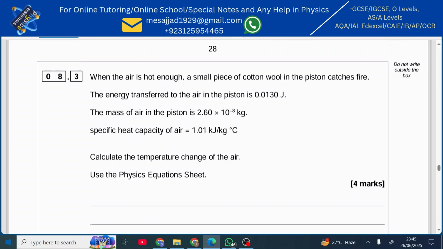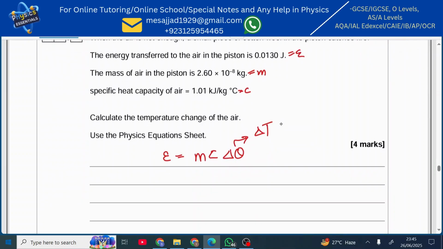So you have here the specific heat capacity, the given mass, and the energy. The specific heat capacity formula is E equals m c delta theta, or in some books it is written delta T, and you need to find out delta T, which is the change in temperature.